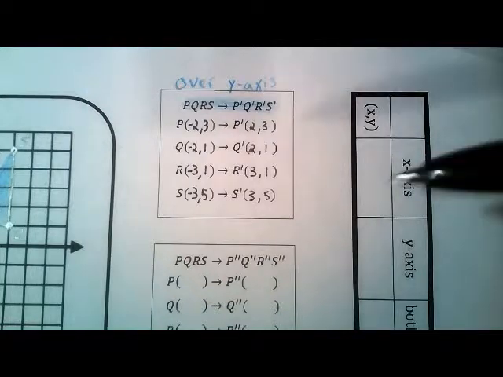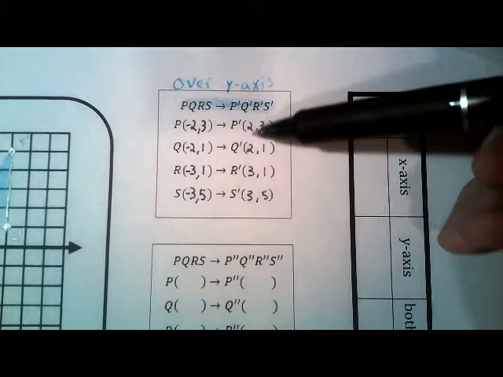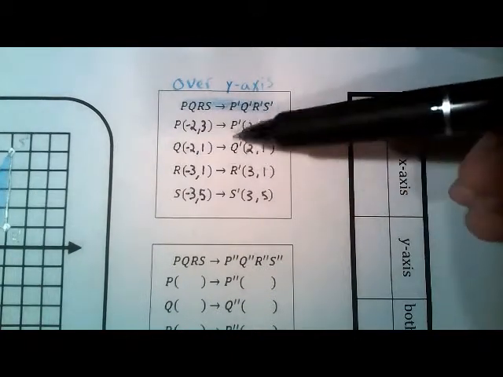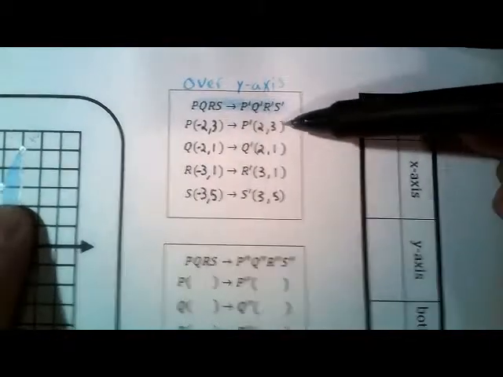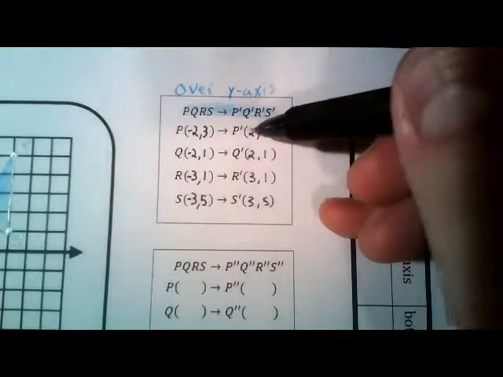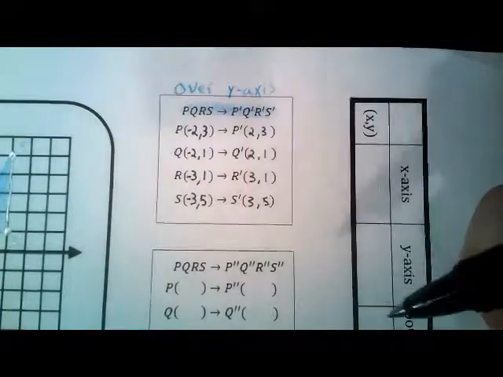So if we look at these x coordinates, now that you've thought about it for a little bit, they go from negative to positive, negative to positive, negative to positive. Or if we were to take this figure and go the other way, it would go from positive to negative, positive to negative, positive to negative, right?